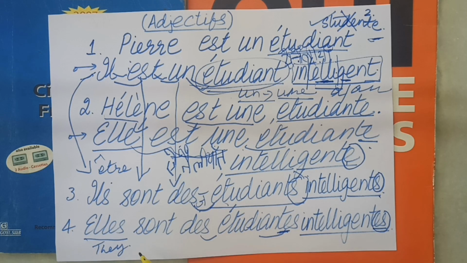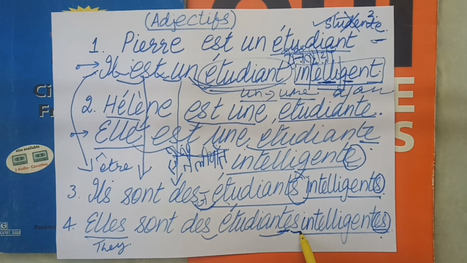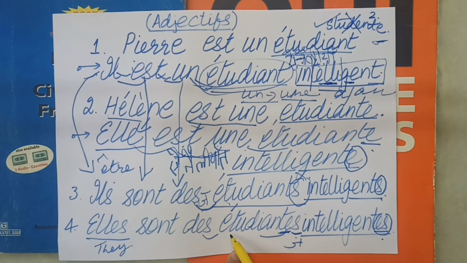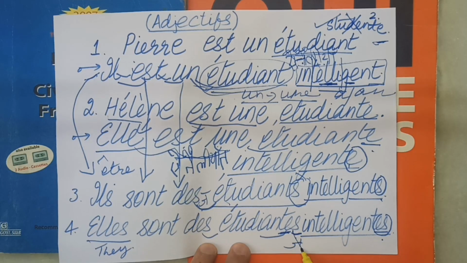Now if I say elles sont des étudiantes intelligentes, it becomes very difficult phonetically. Even I'll have a lot of stress to put here if I want to come up with a sound. Let's see, étudiantes intelligentes, it doesn't really come out so well, so you can avoid this z here.